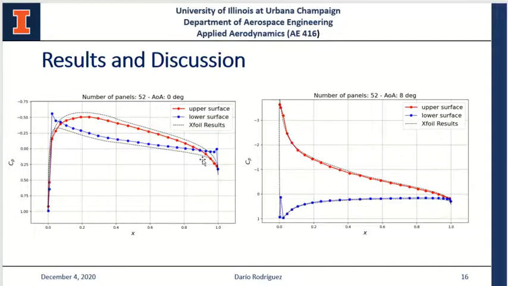So it is interesting to note that once we apply more cambered airfoils, or maybe more difficult or complex geometries, the code starts to diverge, so it is not capturing well the behavior of the inviscid flow, at least here at the leading edge and also at the trailing edge right here.